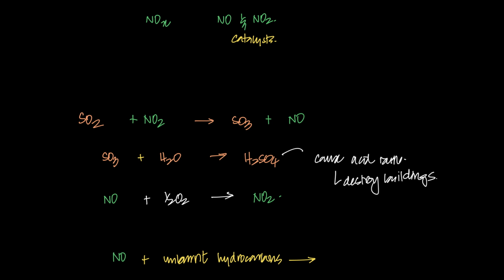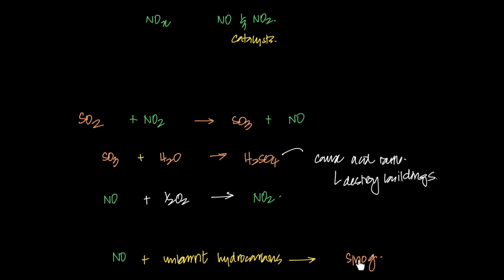Then they make photochemical smog. This is what makes the smog in most cities now. This is air pollution at the ground level, and you'll find this mostly in cities, not forests or villages, because cities have a higher concentration of motor vehicles.